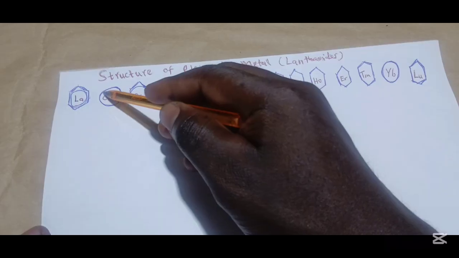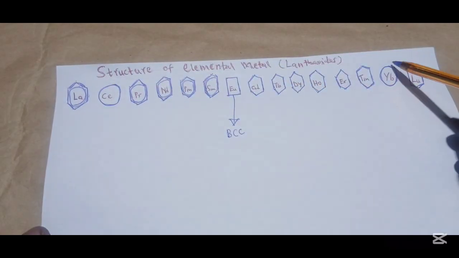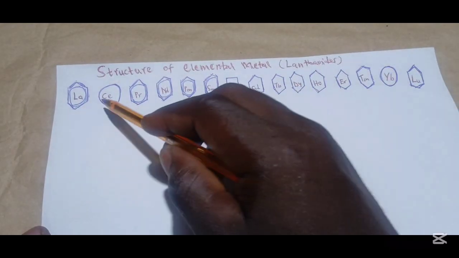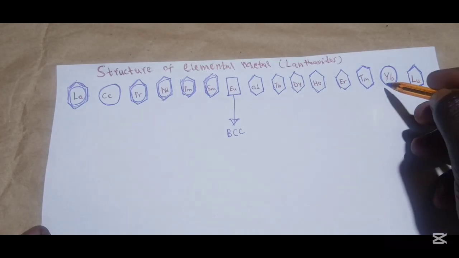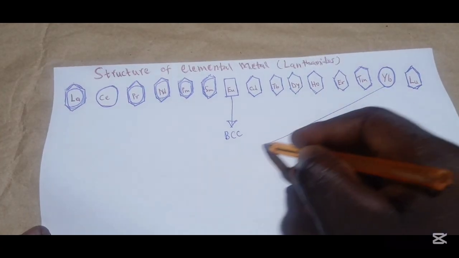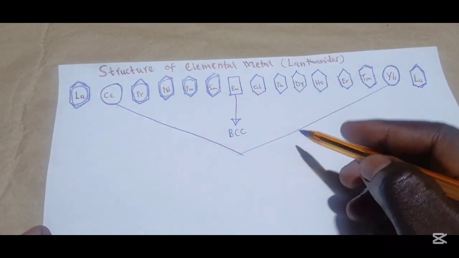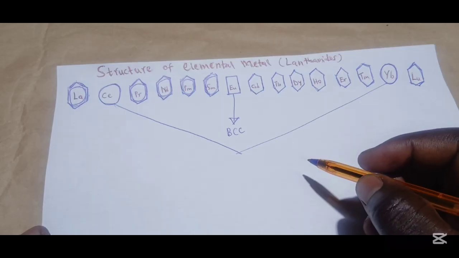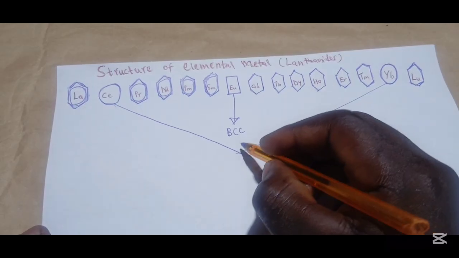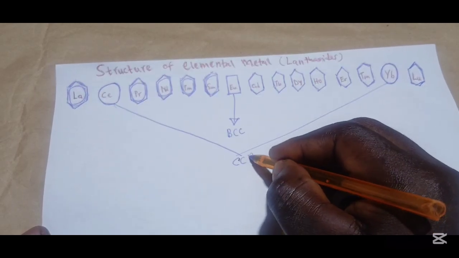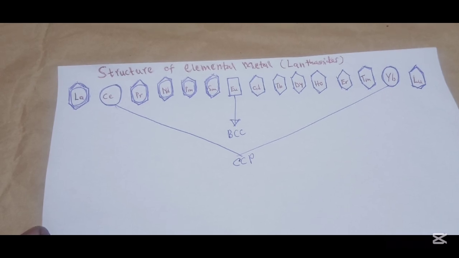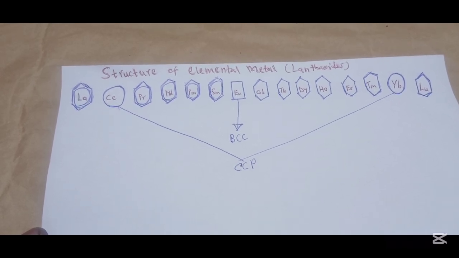Ytterbium and cerium also show a unique shape. So what is their shape? Well, this is CCP, CCP, right?